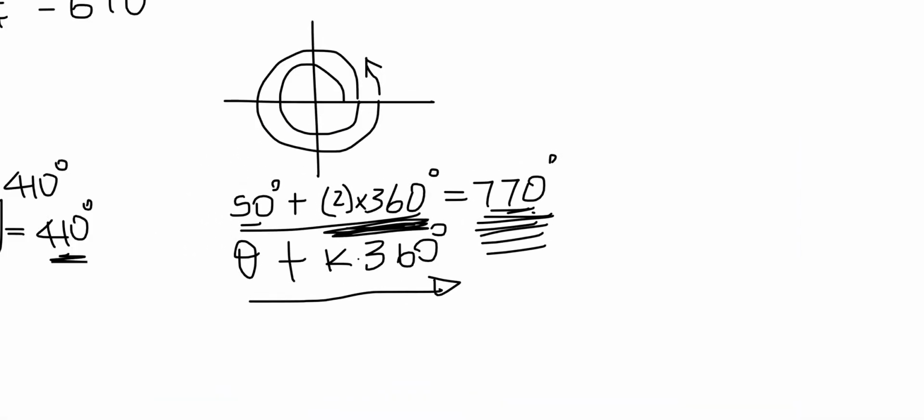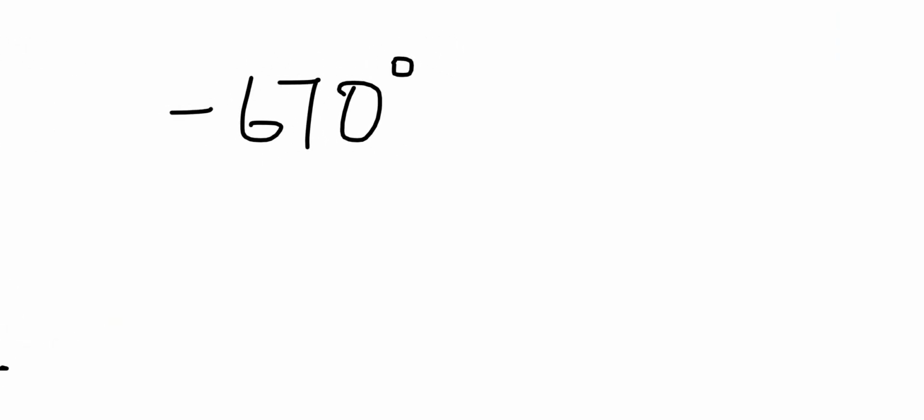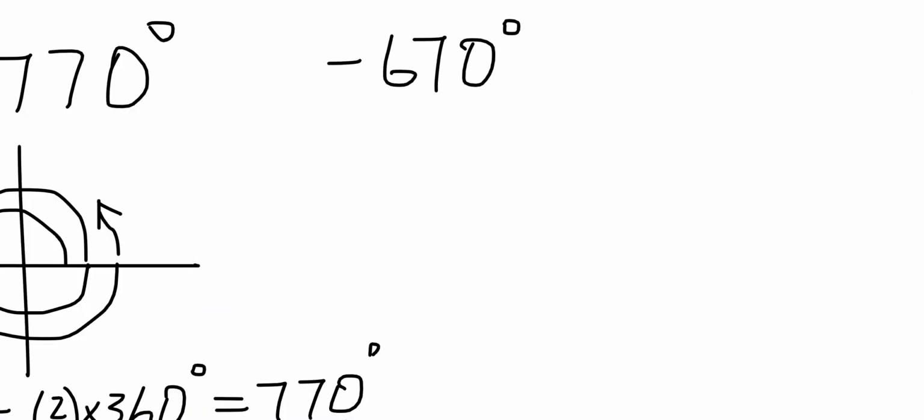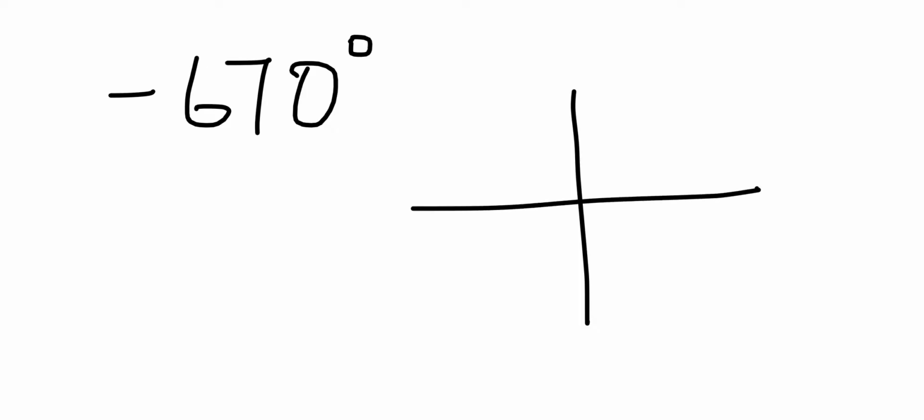Let's look at this one of a negative angle but still being bigger than 360. Maybe this one of negative 670 degrees. That negative should not worry you that much. It is just that instead of swinging in that direction, you swing in the opposite direction. That's all that negative simply means.